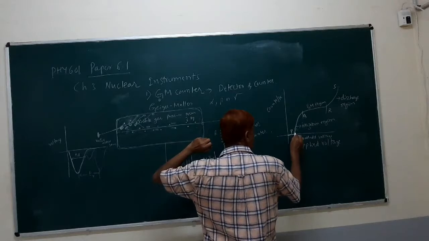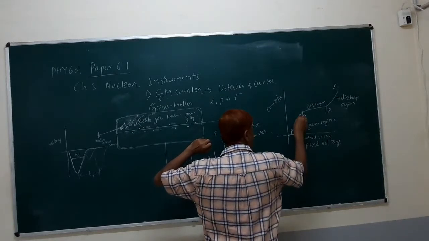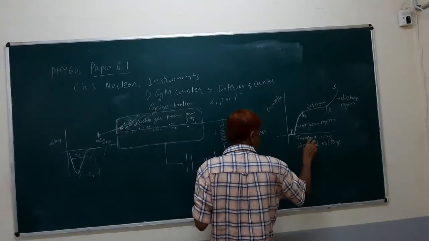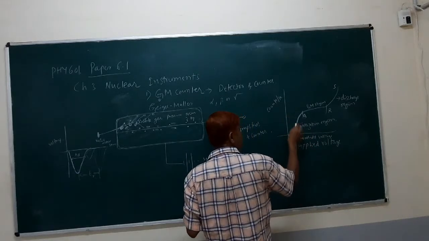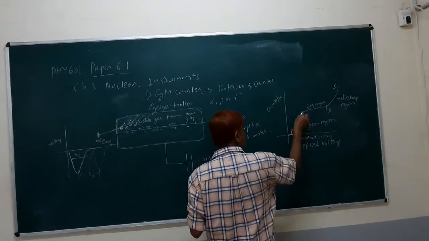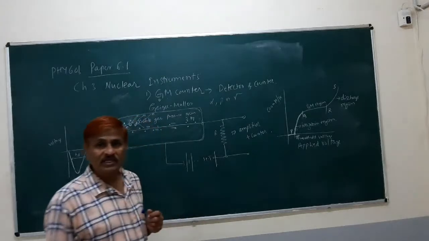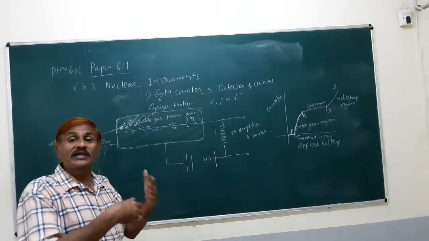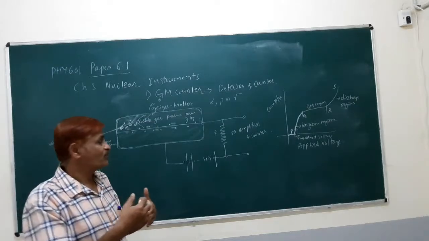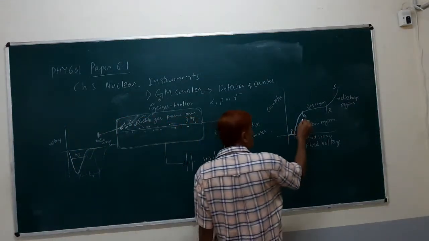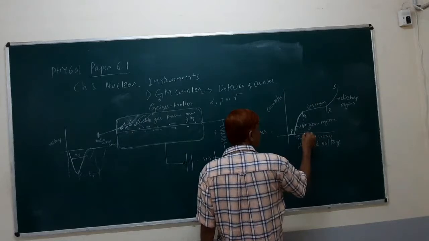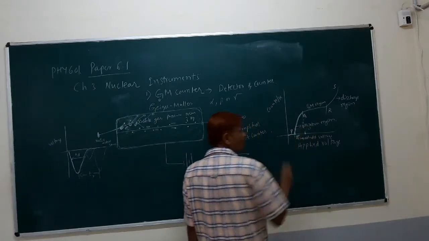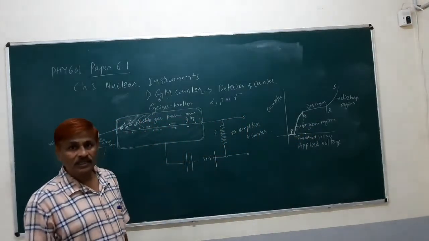The counts go on increasing, and this region where increasing the voltage increases the counts is called the ionization region. In the ionization region, by increasing the voltage you get more and more counts, and this happens up to voltage Q.